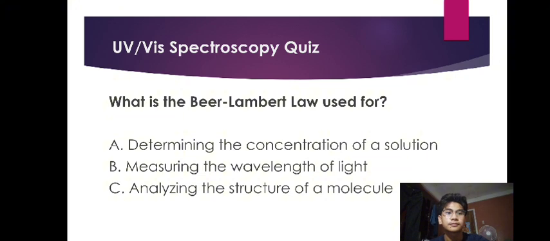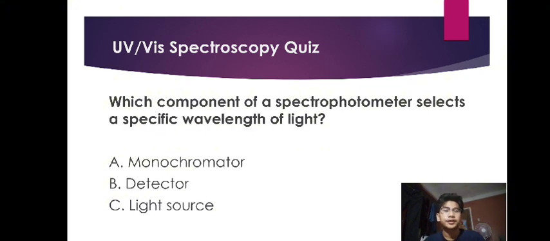Number 4. Which component of a spectrometer selects a specific wavelength of light? A. Monochromator, B. Detector, C. Light source.